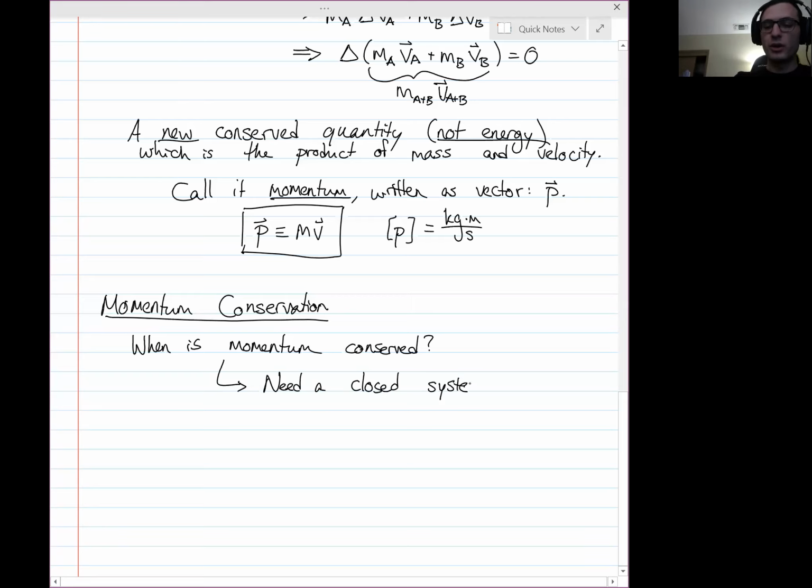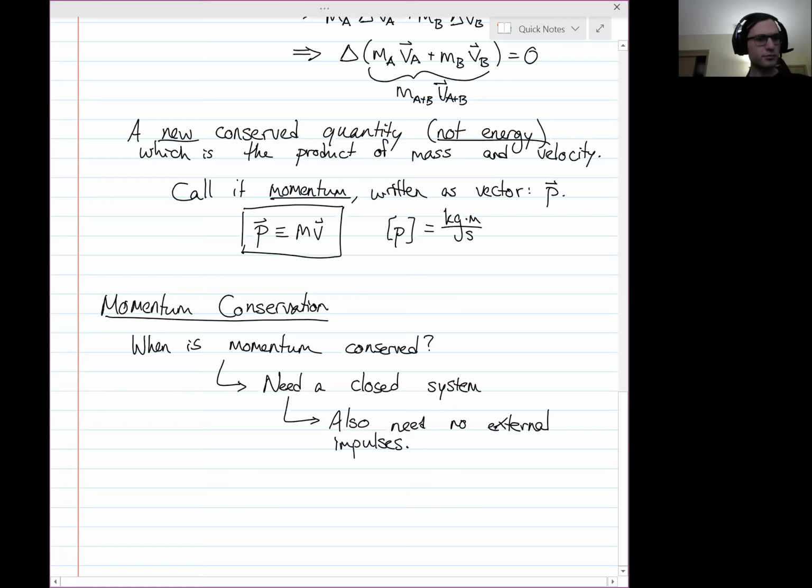It means that there's no external work or no external forces, just like for energy conservation. You need a closed system for energy conservation as well. And on top of having a closed system, which means there's no external work, we also need no external impulses.